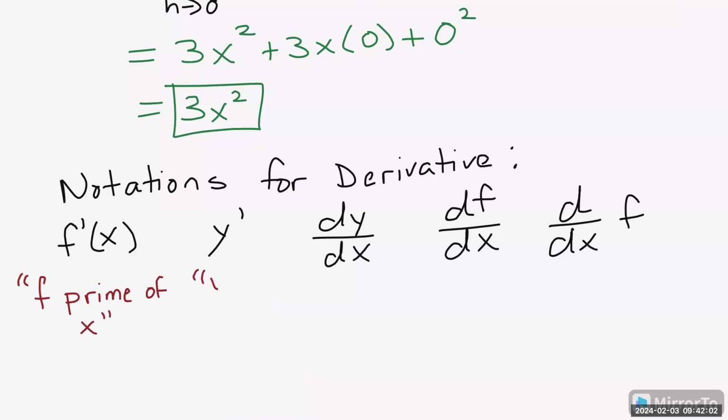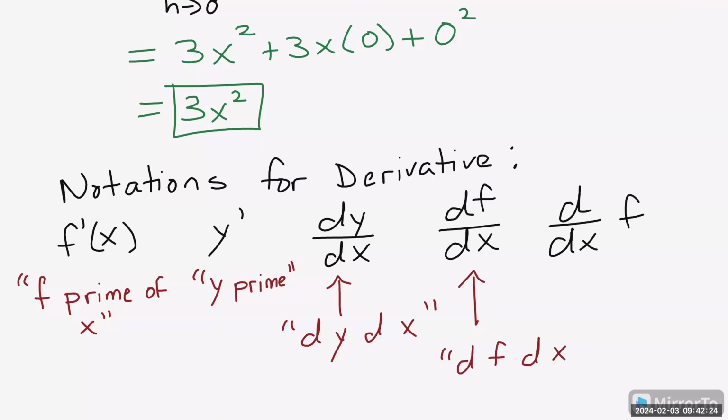The second one, you read y prime. The third one, you just say the letters: dy and then dx. And then this one's similar: df, dx. And this one, you read d, dx of f.